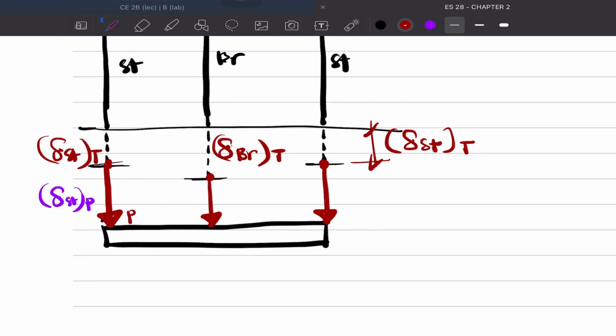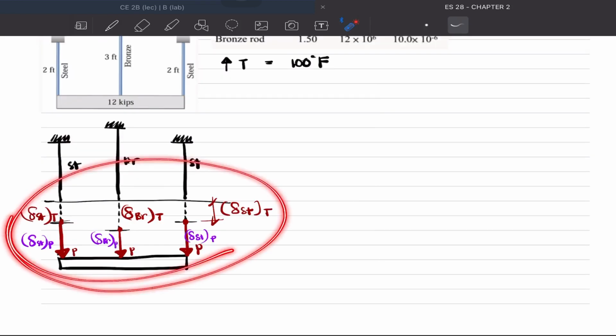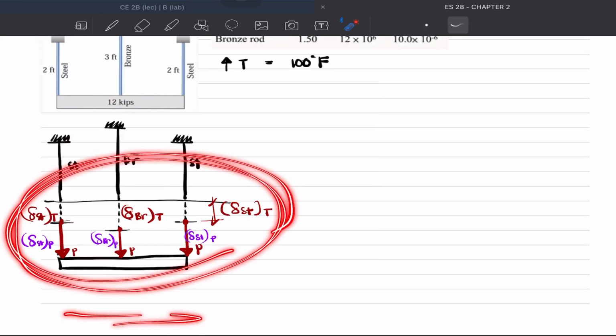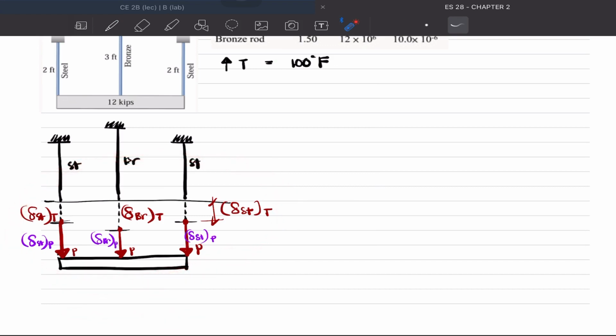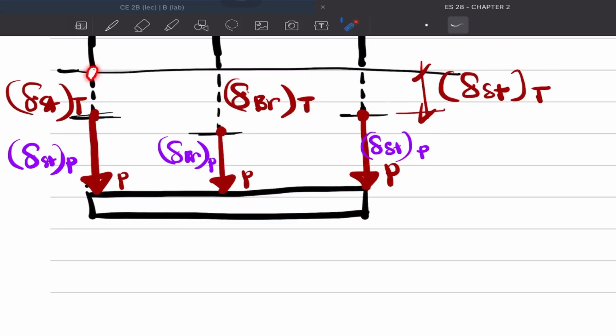So, buto nato yung load P, load P, load P atong gi-apply. Deformation sa bronze bar due to the load, deformation sa steel bar due to the load. Or from this sketch, ato na yung makuha kung unsang yahang compatibility equation. From looking at the figure, kaning from this point up to this point, kana siya distance, equal ra na siya ani.